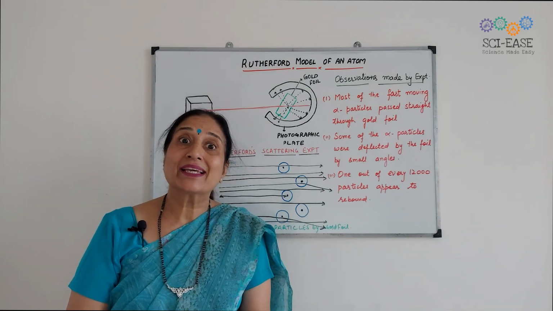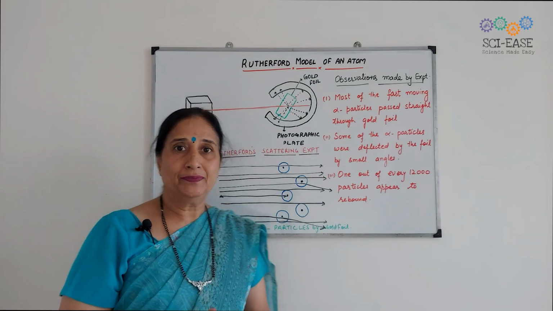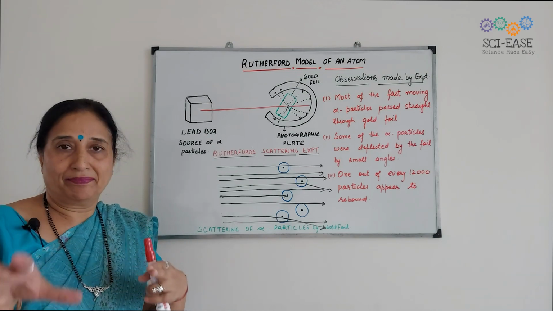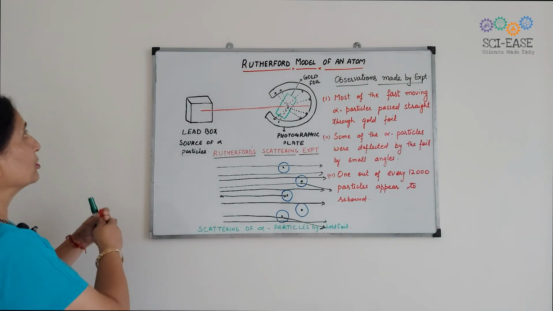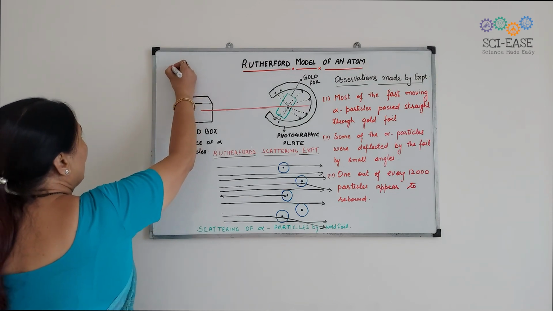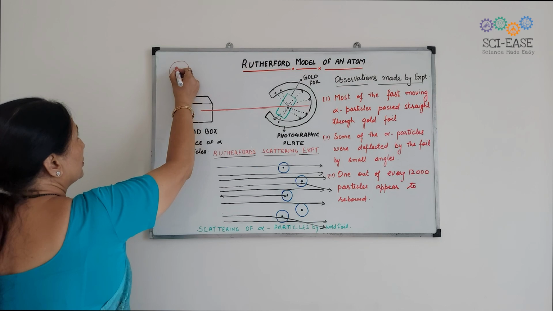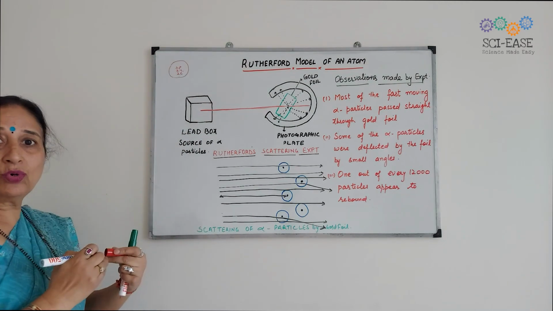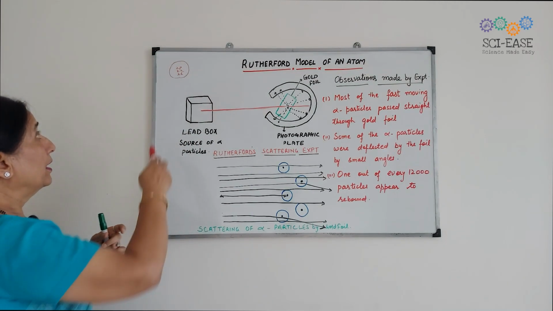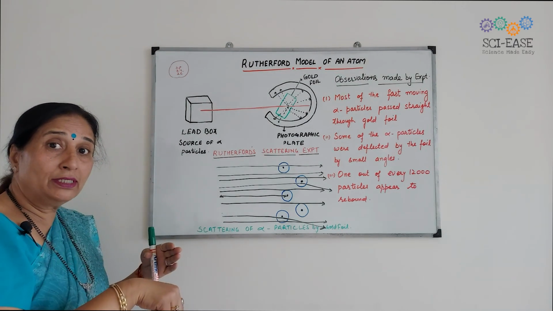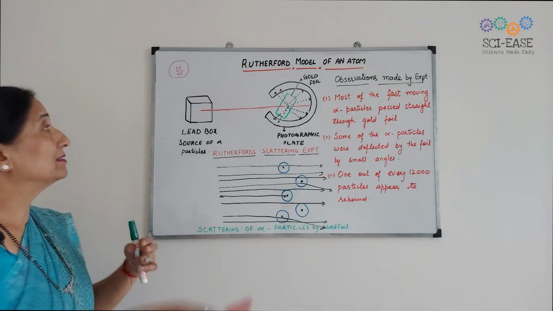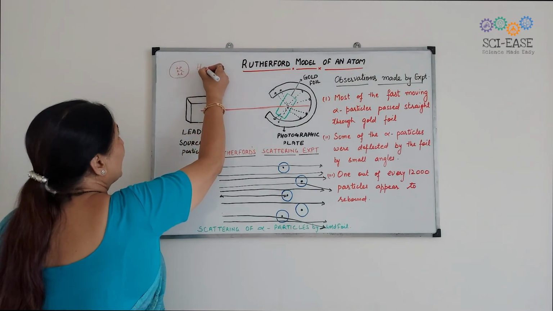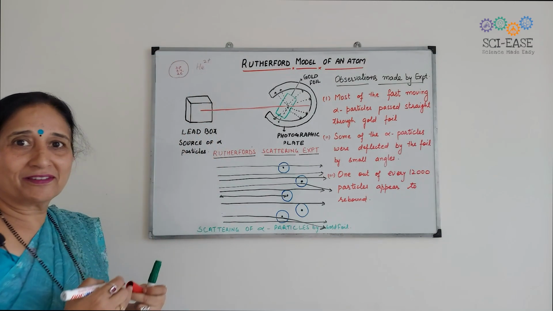So what are alpha particles, that I want to tell you. He took charged alpha particles of helium. Okay, so suppose this is the atom of helium, and it has 2 protons, 2 neutrons and 2 electrons in it. Okay, so because he wanted charged alpha particles, he removed these 2 electrons and then he will get He2 positive.